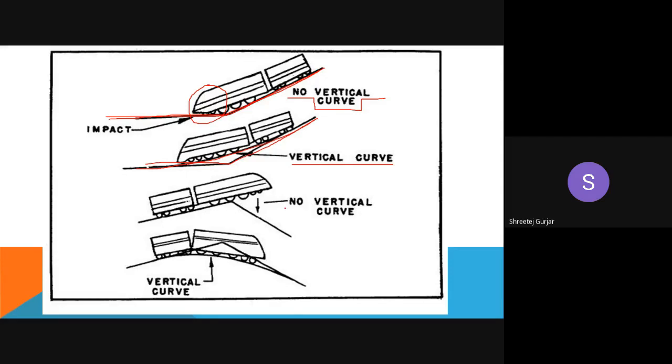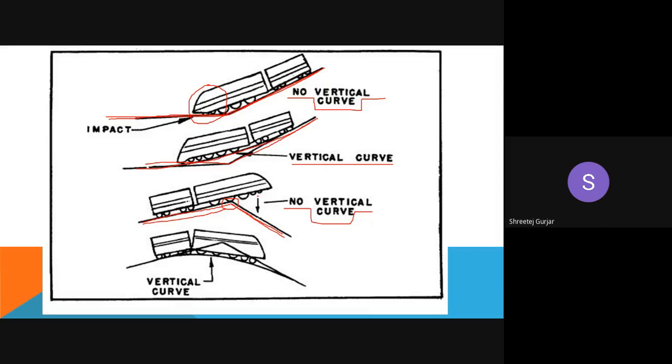Similarly, you can see here in the third case, you have no vertical curve and an upward gradient is meeting a downward gradient. This is the apex, and there is a sharp, abrupt change of gradient over here. So you can see this is very dangerous.